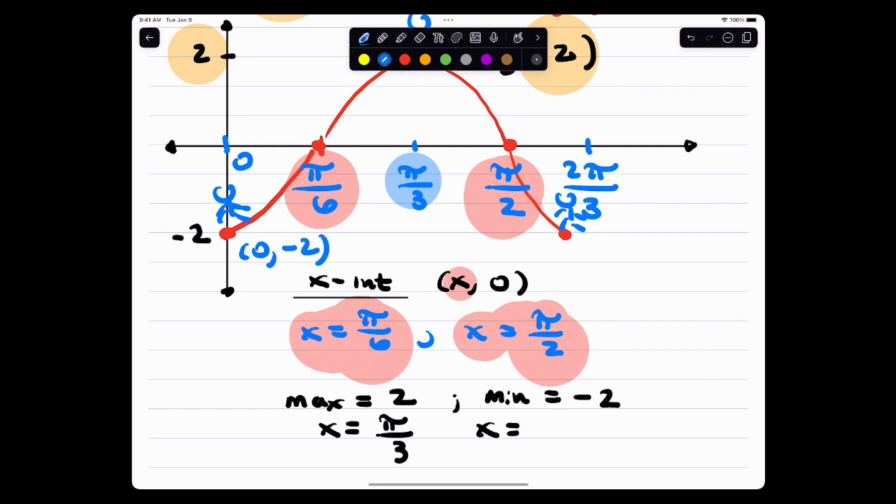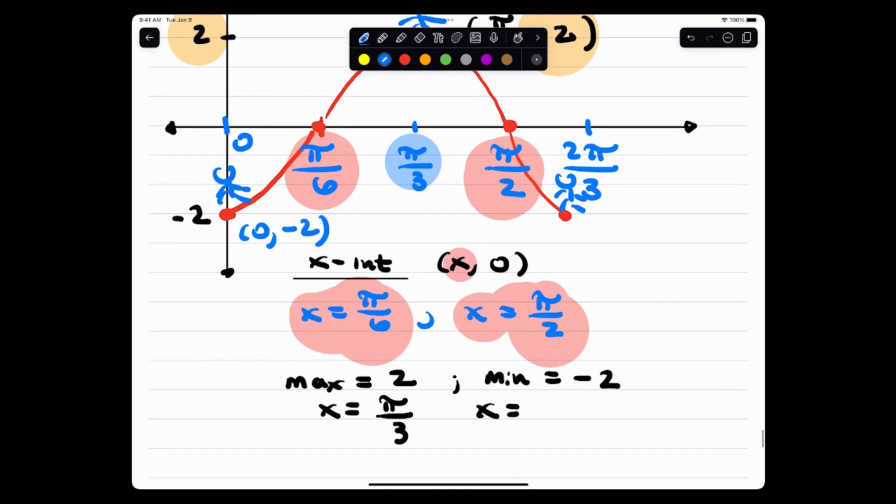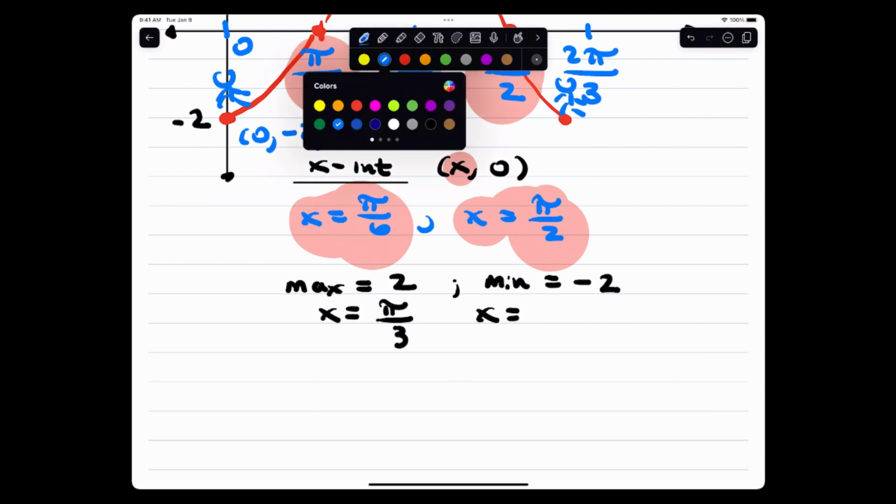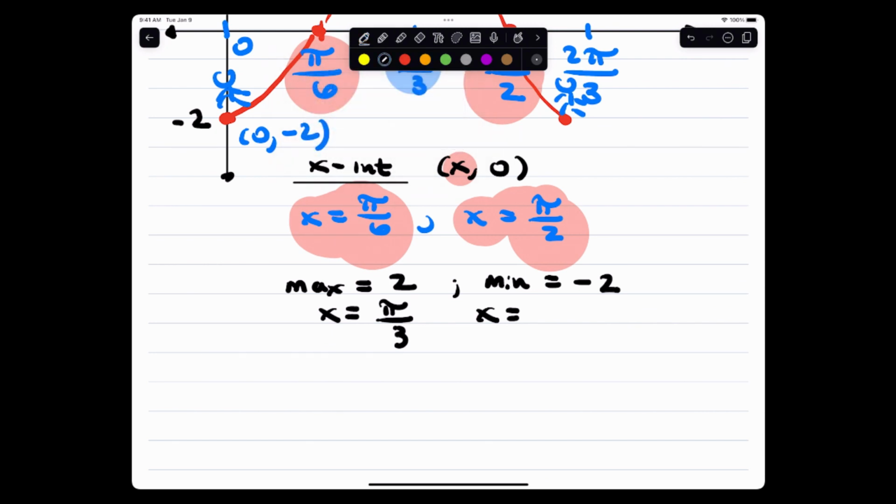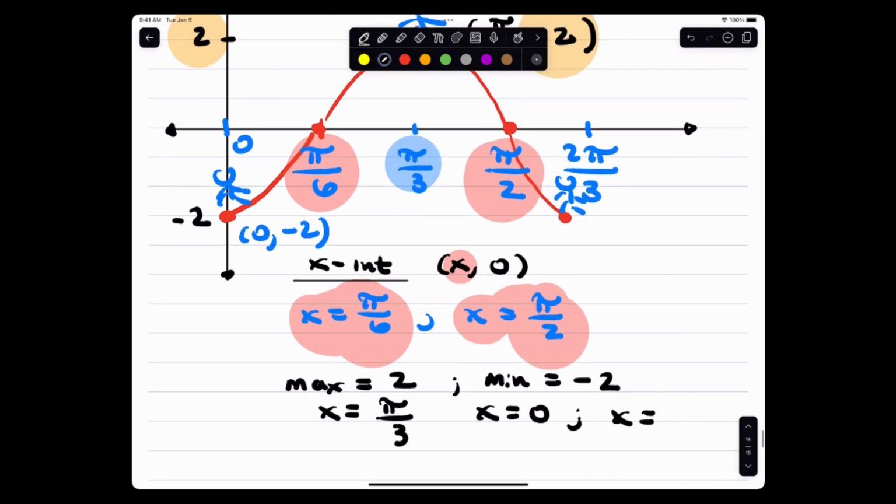Is that right? So that happens when x equals what? 0. It also happens when x is, what's the address over here? What's this x? X is 2 pi over 3 and y is -2. So it has a minimum value, again, here.